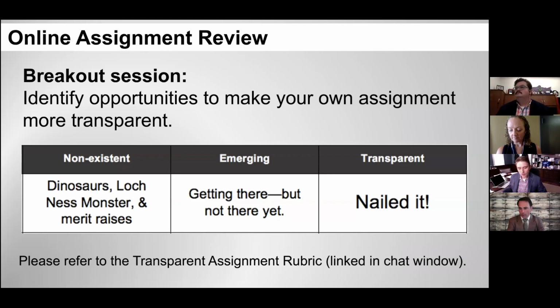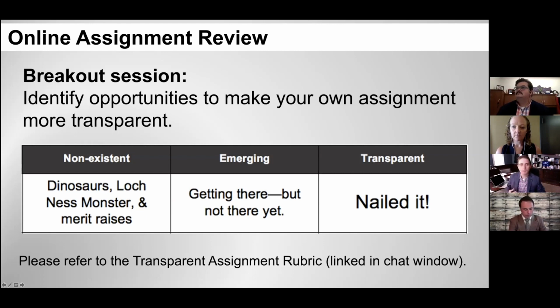So if you could take a minute and look at that, we're going to go ahead and put everyone into breakout groups. We're going to ask you to think about your own assignments in terms of this rubric, but then also, in the group, share ways you could make this assignment more transparent.